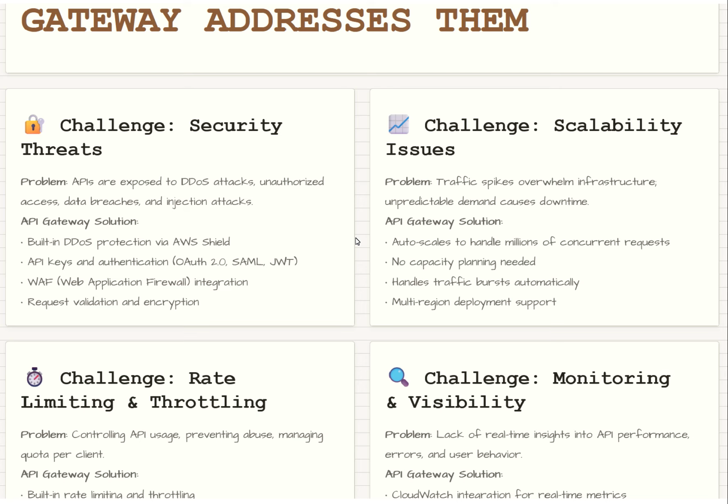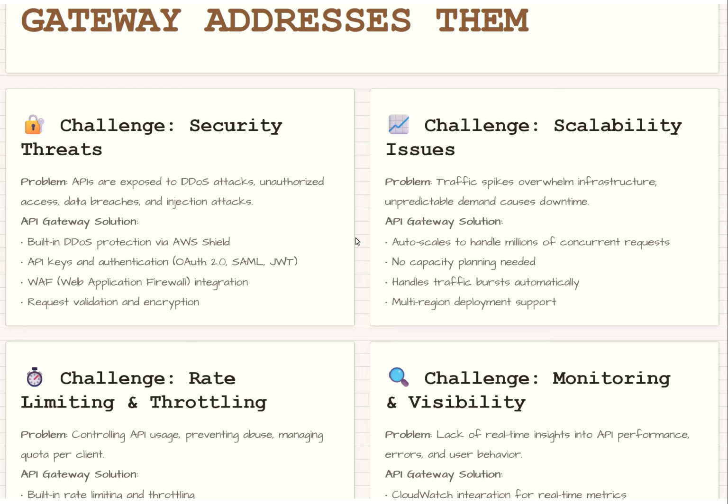The API Gateway solution has built-in DDoS protection via the AWS Shield service, and then you can use API keys for authentication like SAML, JSON Web Tokens, and OAuth 2.0, and you can integrate web application firewalls, and you can do request validation and encryption.